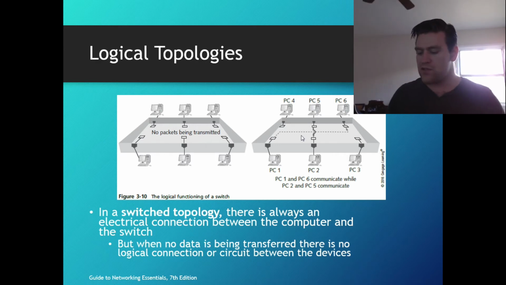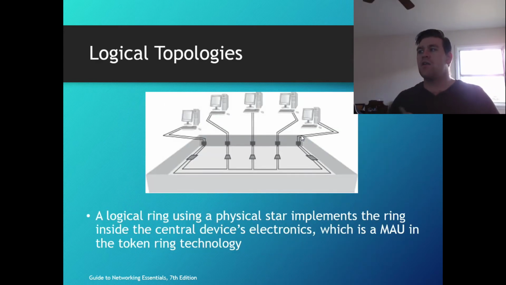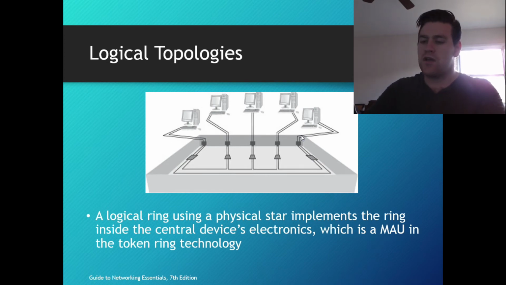Okay, so let's go back real quick and talk about logical ring. So the central device in this case, we mentioned briefly an MAU. It stands for multi-station access unit. Couldn't remember that the other night. But MAU, I'll draw it here because I want to represent this so that you can see it. You see the ports there. There's 5 devices on it.